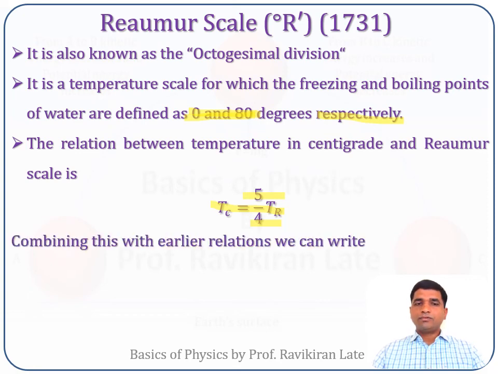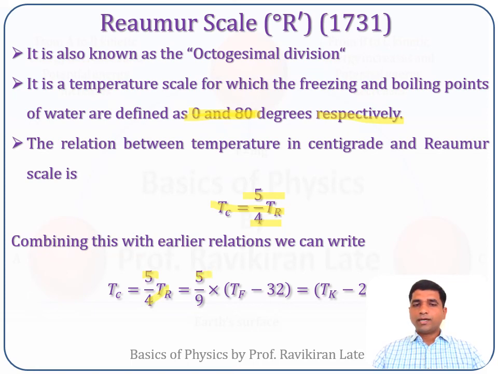Combining this with the earlier relation, you can write Tc = 5/4 Tr = 5/9 (Tf − 32) = Tk − 273 in the Kelvin scale. And if you want to convert Fahrenheit into the Römer scale, you have the relationship Tf = 9/4 Tr + 32.